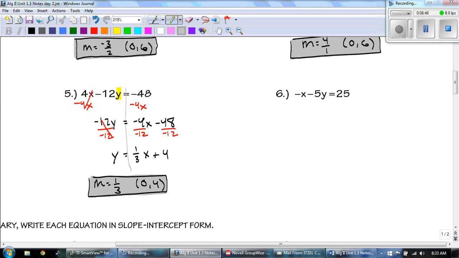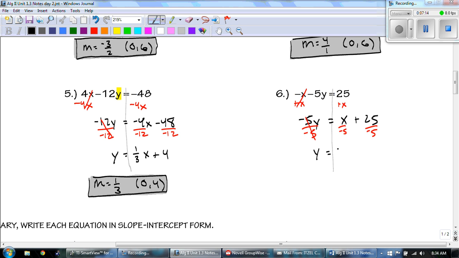Okay, number 6. So I want the y by itself, so I'm going to add the x to the other side. Now that does not turn to negative 25 or 25x, okay? It's just 1x plus 25. Now to get the y by itself, I'm going to divide everything by negative 5.